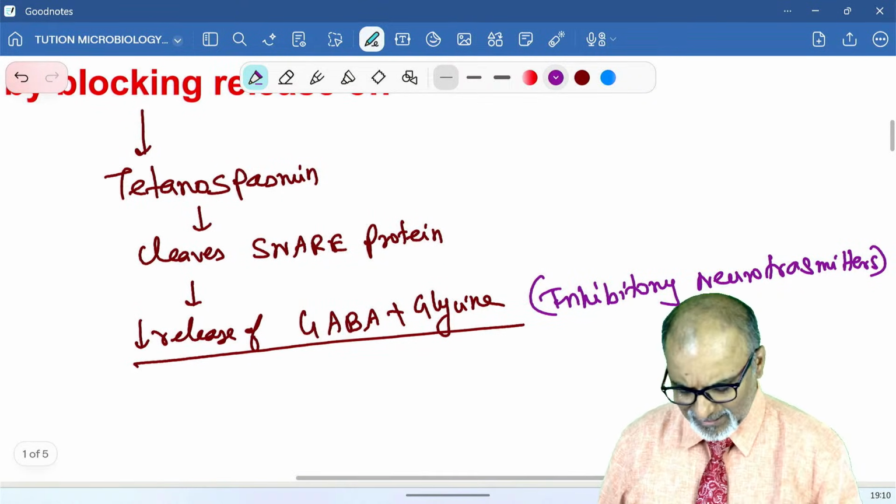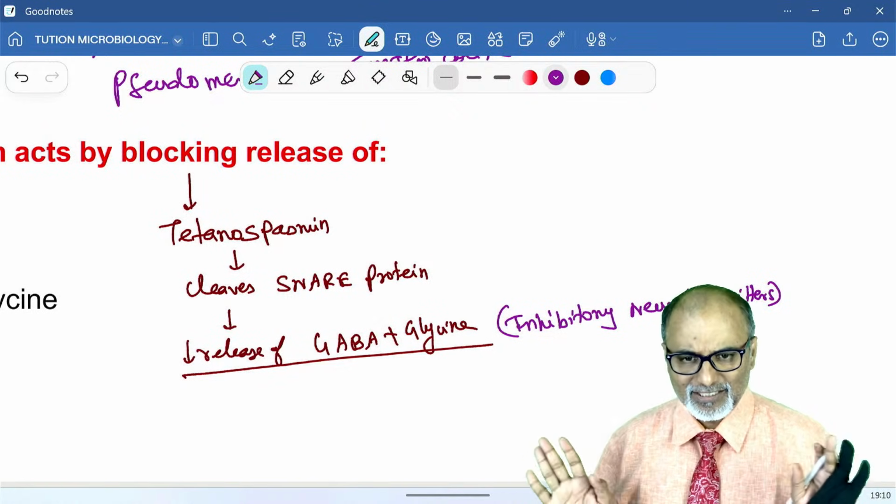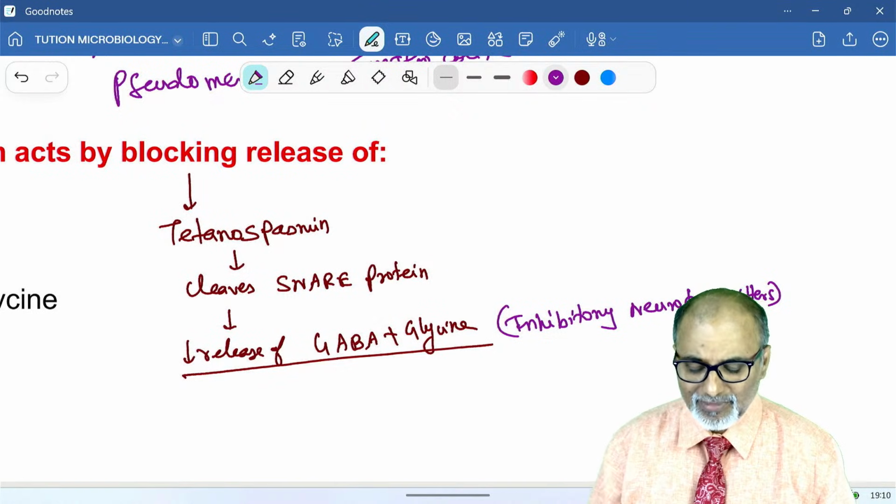Tetanospasmin cleaves the SNARE protein and inhibits the release of GABA and glycine. Where?